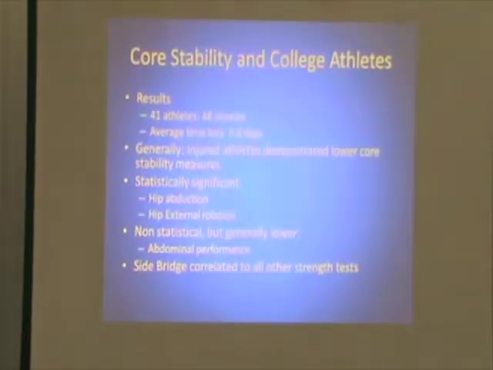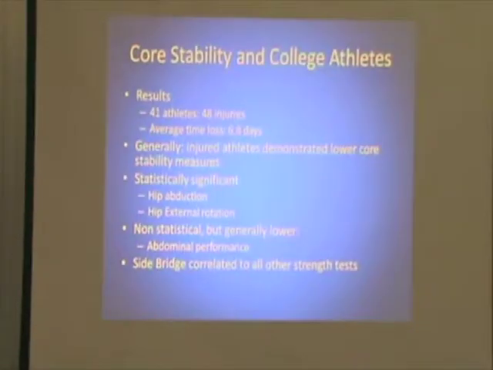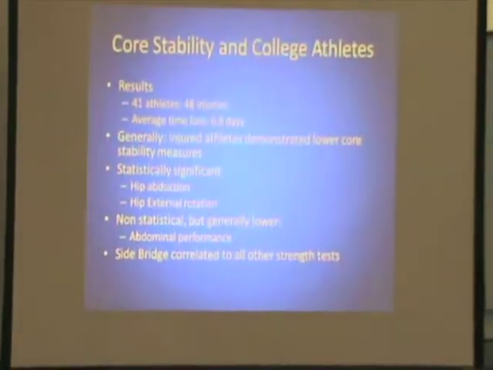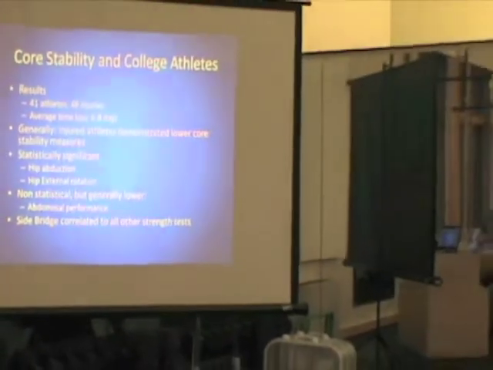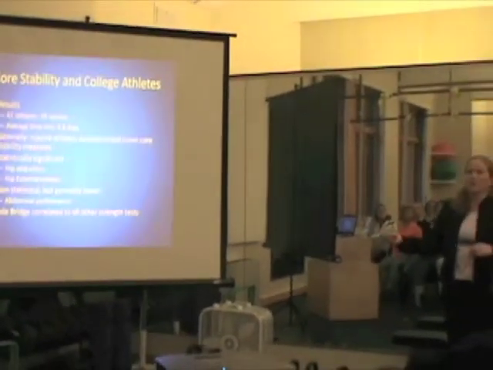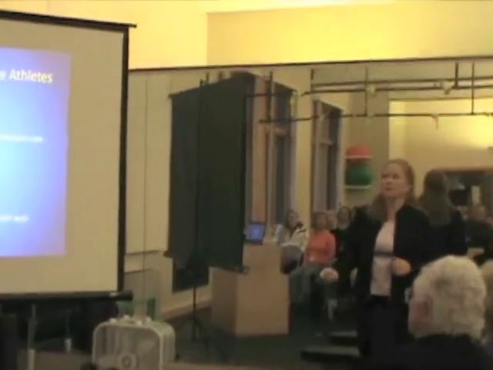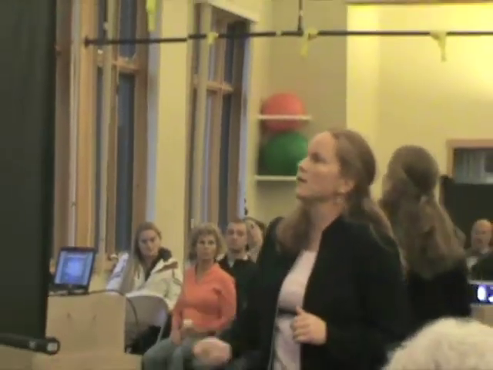Abdominal performance, so that leg lowering or the staying flexed position, was lower in the injured athletes, but not significant. The biggest predictor was hip external rotation strength. And then the side bridge, if you want to quickly screen someone, that one correlated to all other tests. So if they have a weak side bridge, a short side bridge, you can probably guess the other ones are going to be weak. It's 48 out of how many? 140. So 41 athletes out of 140 of the athletes.